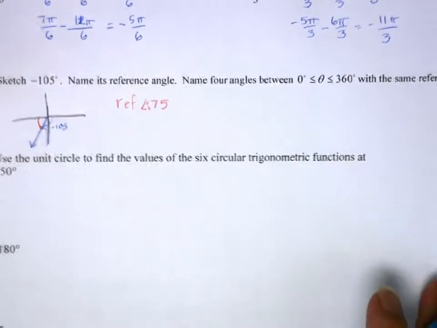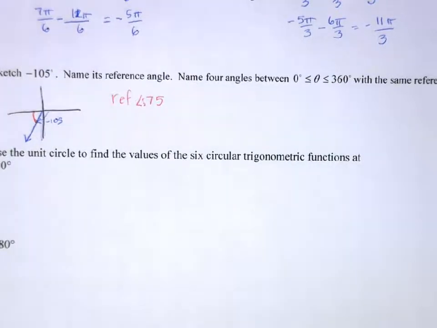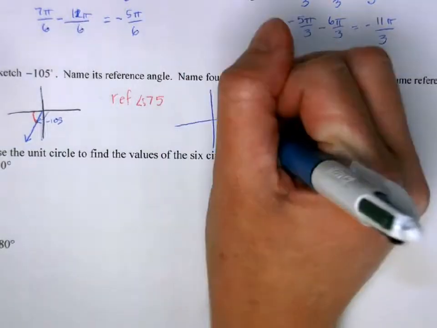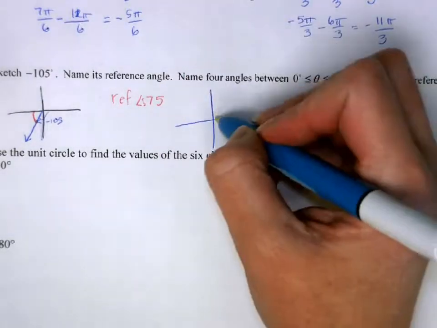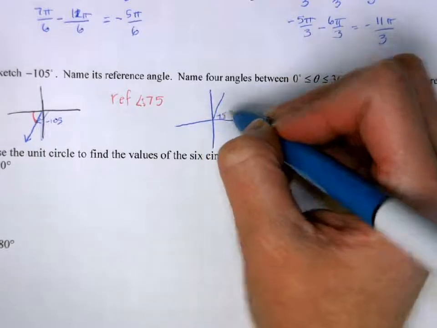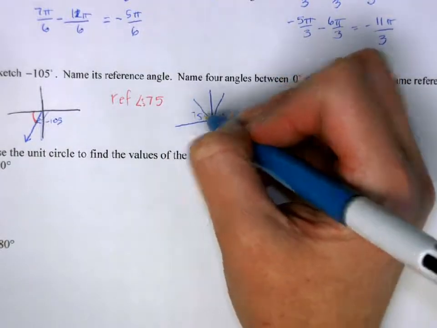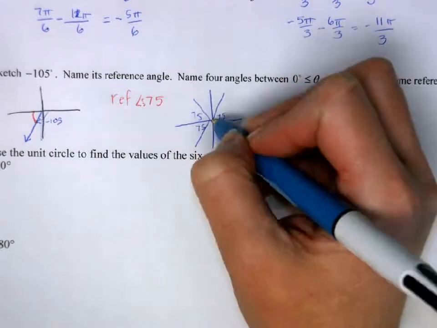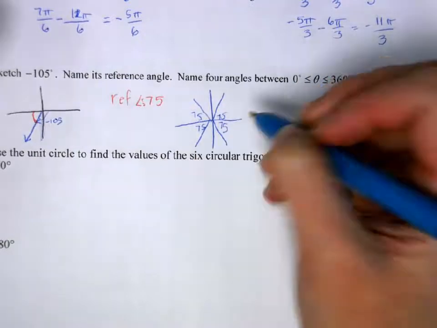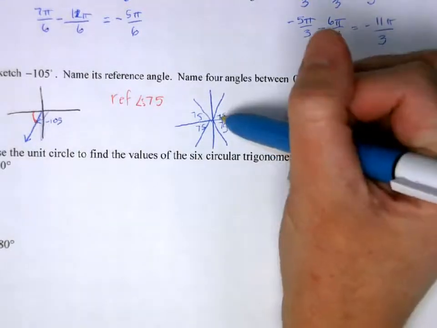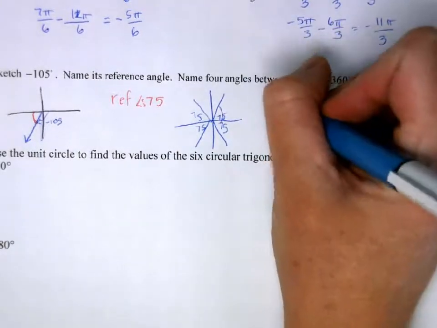Okay, then we want 4 angles between 0 and 360 with the same reference angle. So essentially we're going to have 1 in each quadrant. So you're going to have 1 with 75 here, 1 with 75 here, 1 with 75 here, and 1 with 75 here. This first one is just 75.